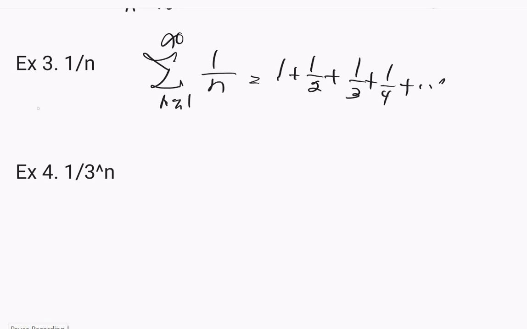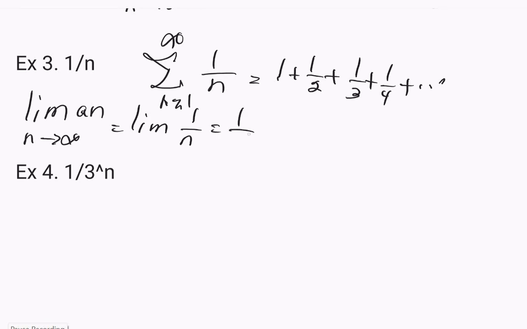So what is the limit of a sub n as n approaches infinity? The limit of 1 over n equals 1 over infinity equals 0.